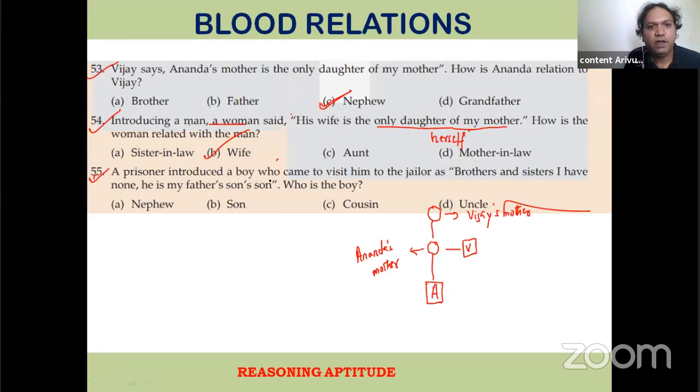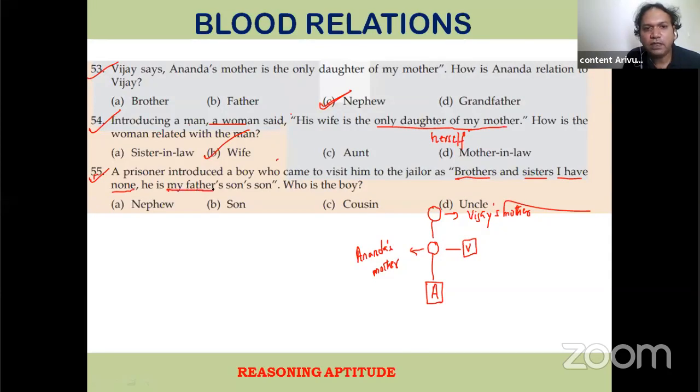And 55, a prisoner introduced a boy who came to visit him to the jailer: brothers and sisters I have none. That means he has got no brothers and sisters. He's the only child of his parent. He is my father's son's son.